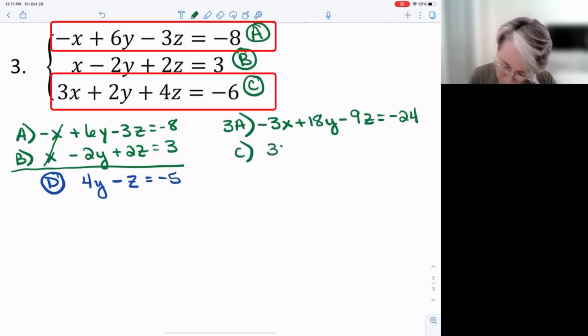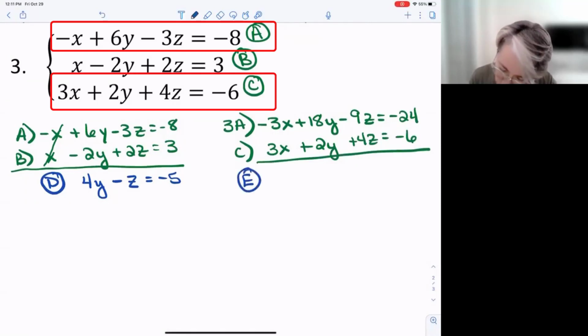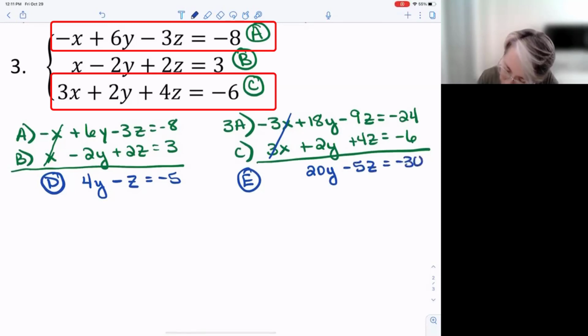And our C is already a positive 3x plus 2y plus 4z equals a negative 6. If we add those together to get our new equation E, we got rid of the same variable of x. That leaves us with a 20y minus a 5z equals a negative 30.